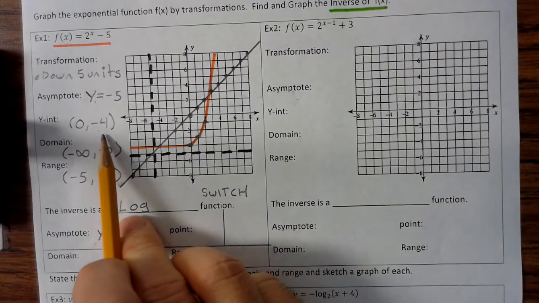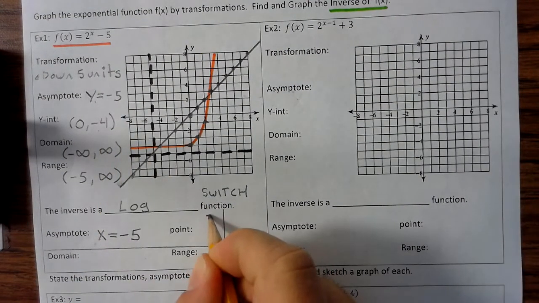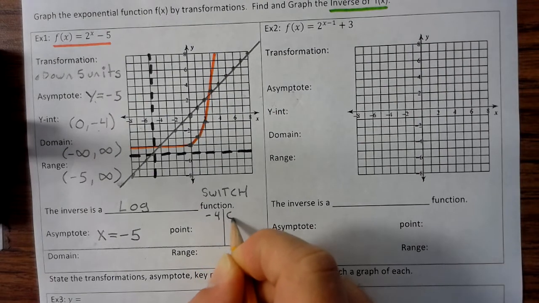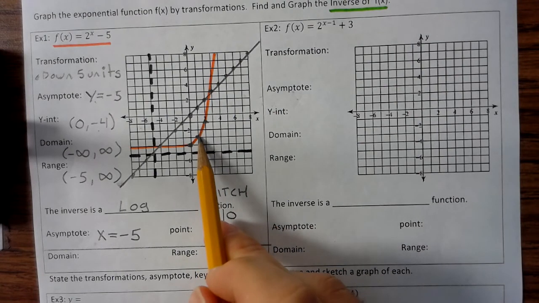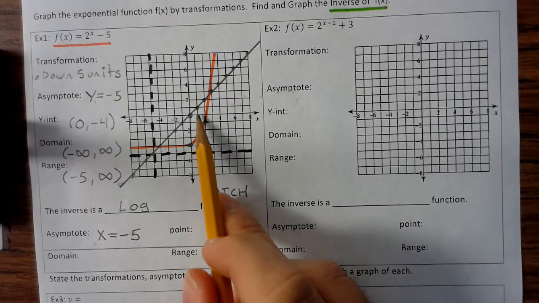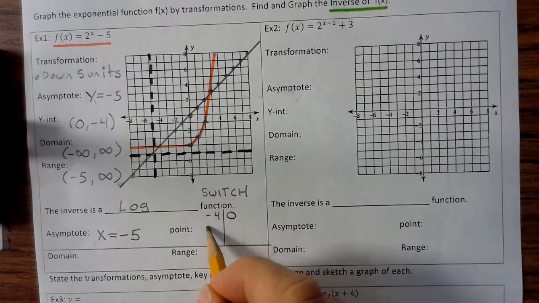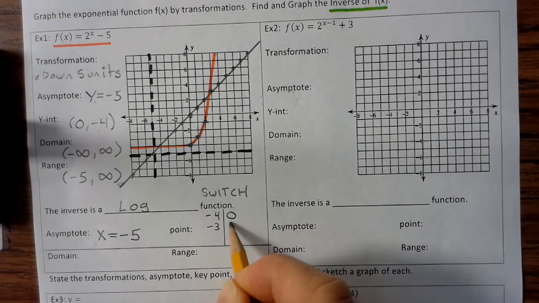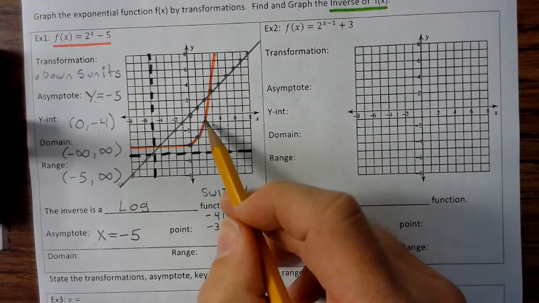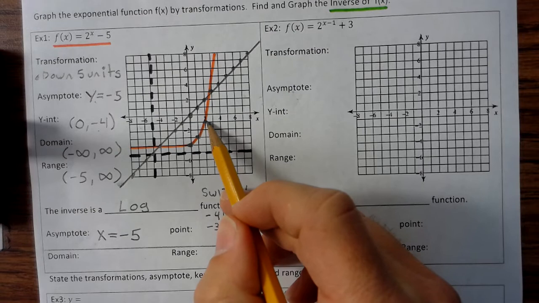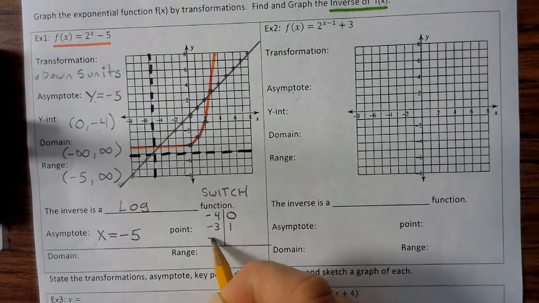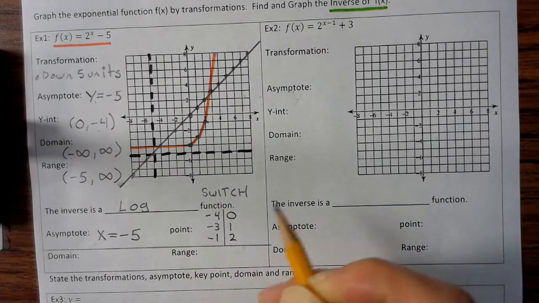First, we'll switch this one, so that'd be negative 4, 0. And we have another point, which was 1, negative 3, which switches and becomes negative 3, 1. And this point was 2, negative 1, and again, switches: negative 1, 2.